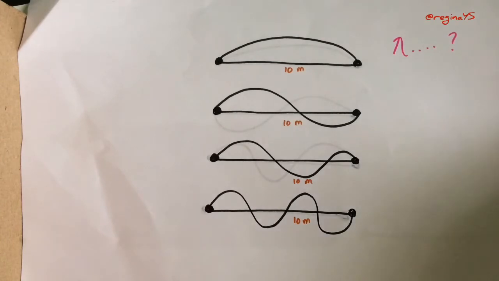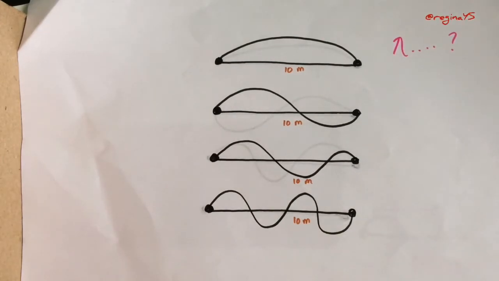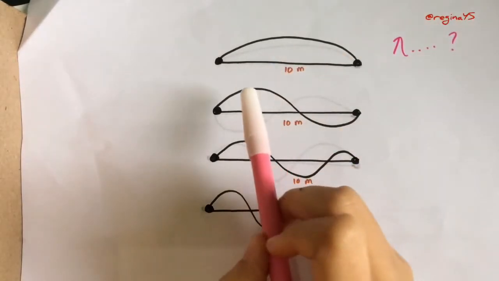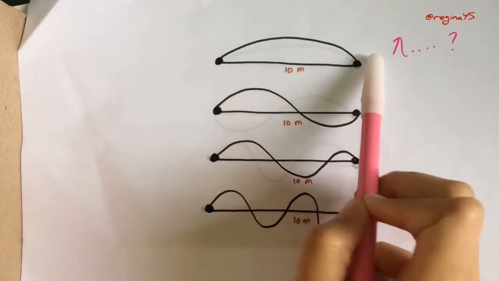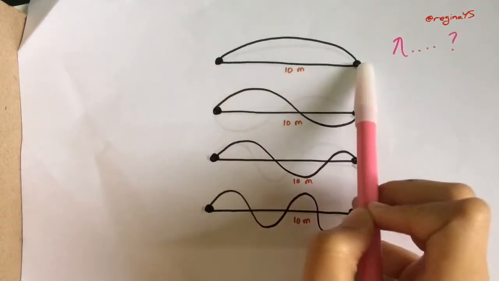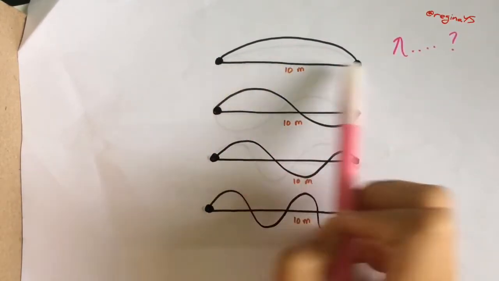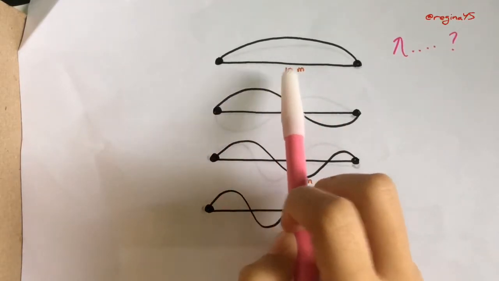Okay, so how do we find the wavelength of a standing wave? Well, drawing a picture will help you, but how do you do it mathematically? At first, please remember that for a bound end standing wave, at the beginning and at the end of the standing wave, you must have nodes like this. This is bound end. Okay?